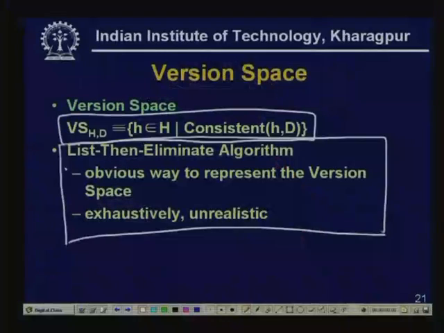Then, as we take training examples one at a time, we throw out all the hypotheses which are inconsistent with that training example and then we continue. Now, this algorithm is very simple to describe, but actually it is unrealistic because usually for any reasonably complex hypothesis, the hypothesis space is really large and it is not practical to store all the hypotheses in the hypothesis space.